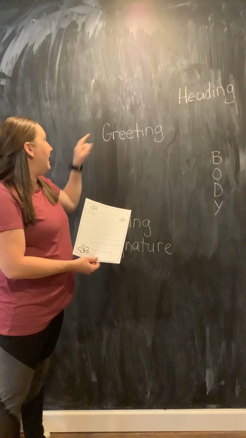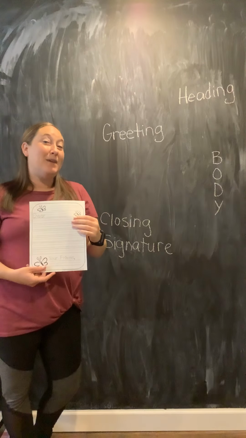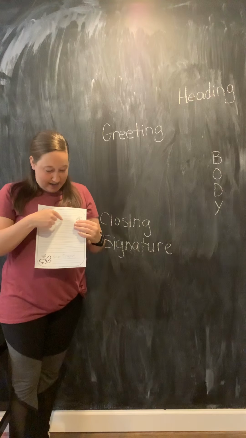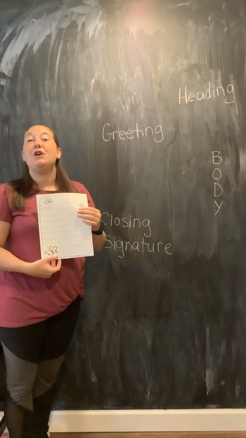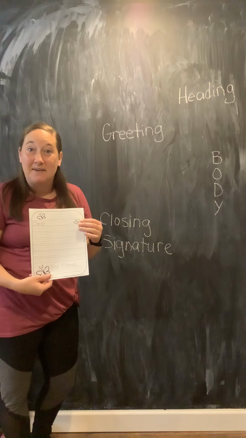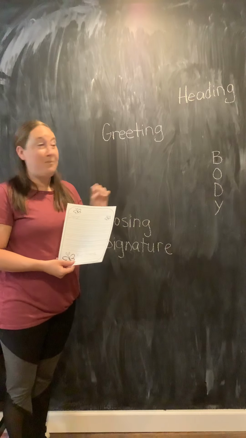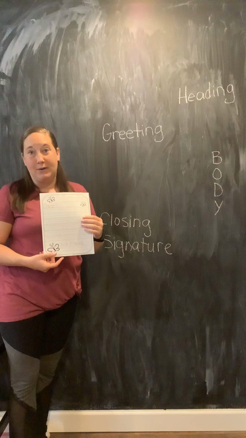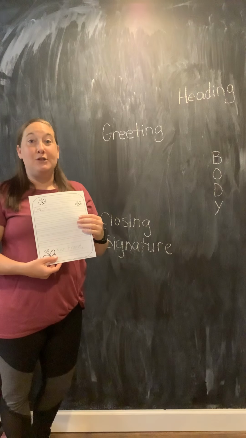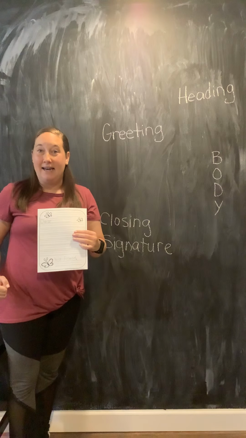The next part right here is the greeting. See if you remember what the greeting is, and that goes right here on this line. The greeting is who your letter is going to, and you usually start it with dear someone. So your greeting is going to depend on who you're writing your letter to. So if you're writing your letter to dad, your greeting would say, Dear Dad.